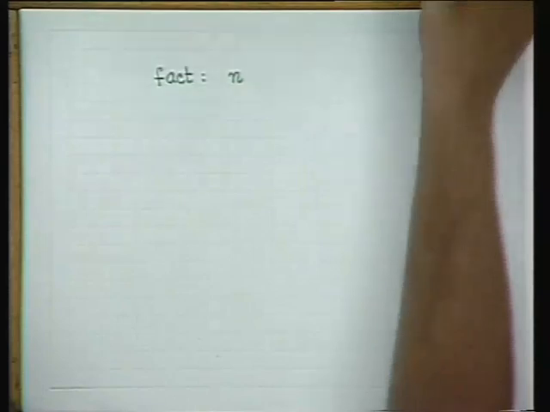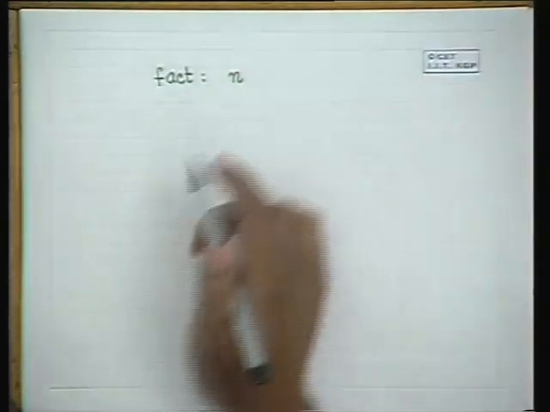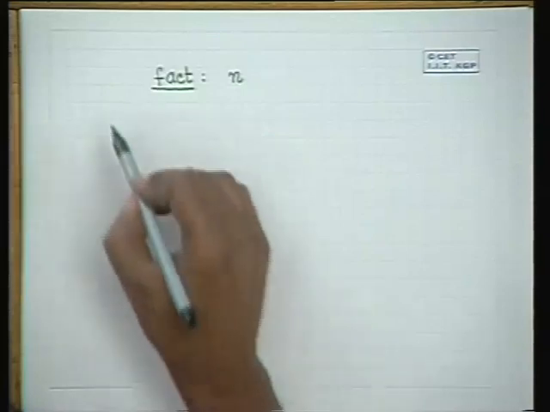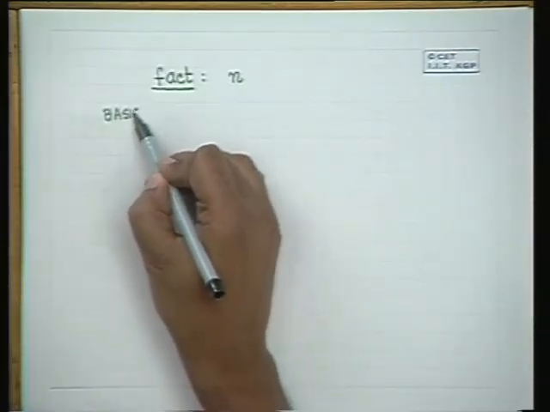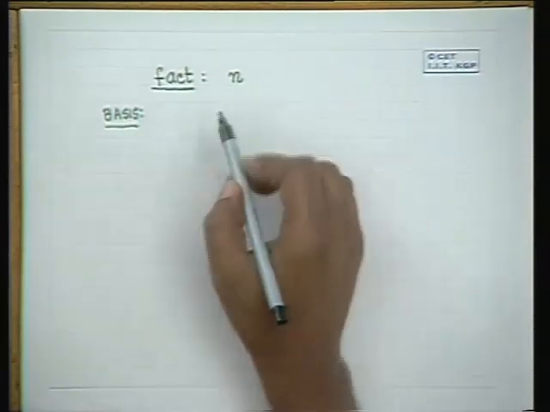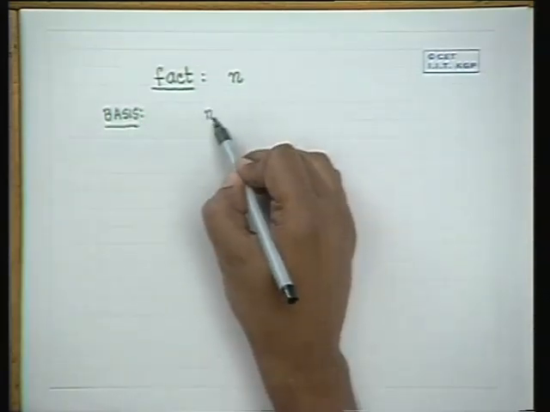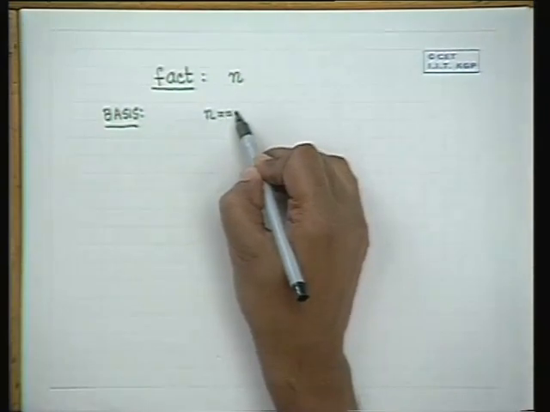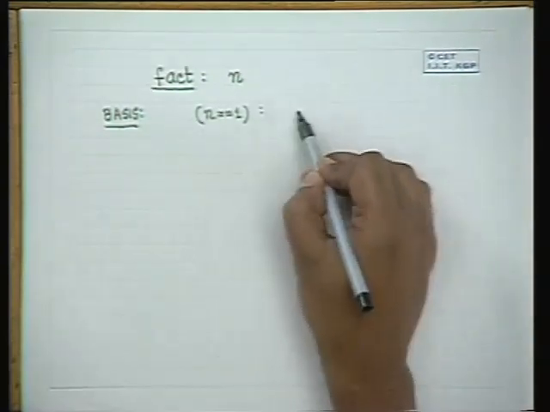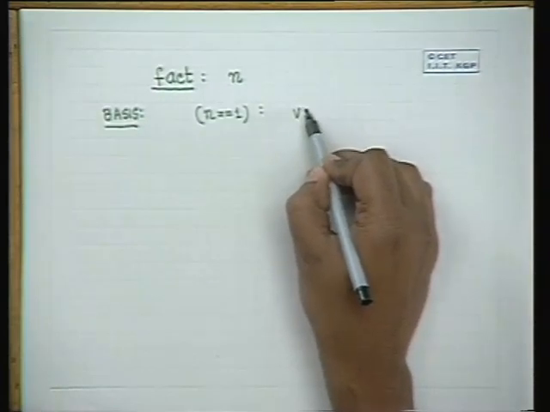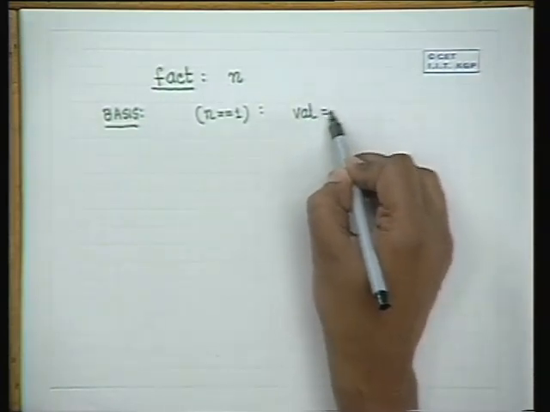Now when you have factorial, what does the decomposition look like? There are two parts. One is the basis part, which says n equal to 1 results in value is equal to 1.